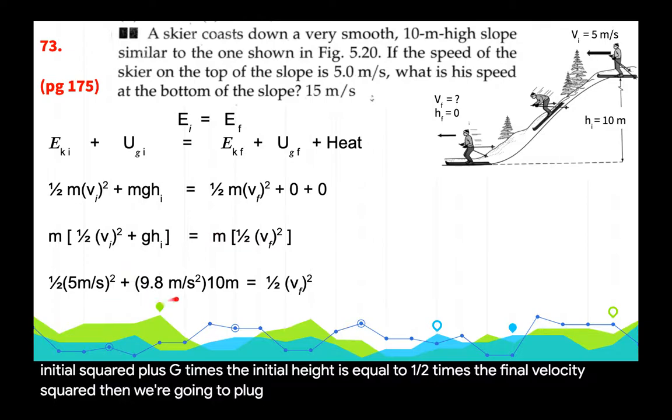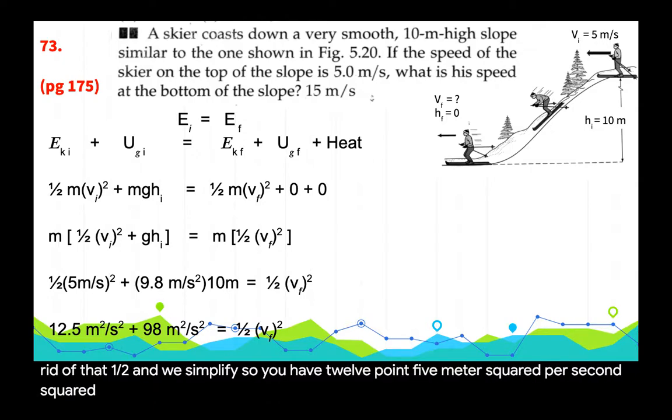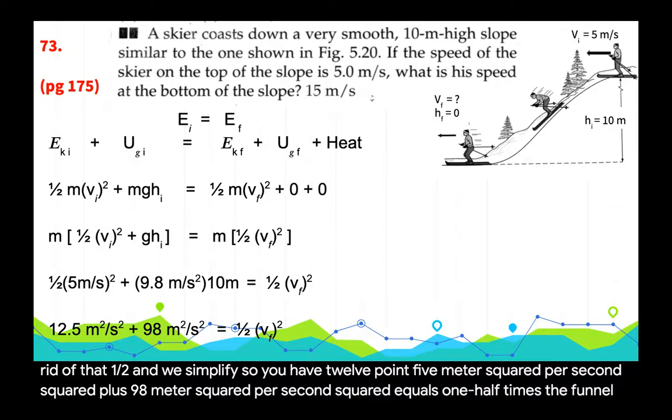Then we're going to plug in what we know. Multiply both sides by 2 to get rid of that 1/2. And we simplify. So we have 12.5 meters squared per second squared plus 98 meters squared per second squared equals 1/2 times the final velocity squared.